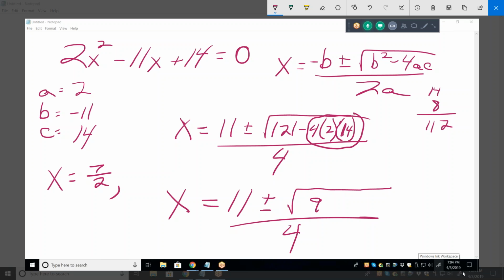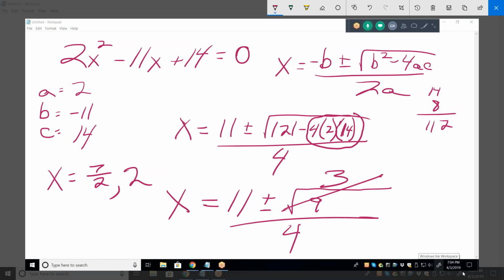Give it to me as a fraction. So that would be 9 over 4. Actually, it's 8 over 4. In other words, we're going to replace that with a 3, right? Right. The second one is 11 minus 3, which is 8. Oh, yeah. Divided by 4, so it's a whole number.